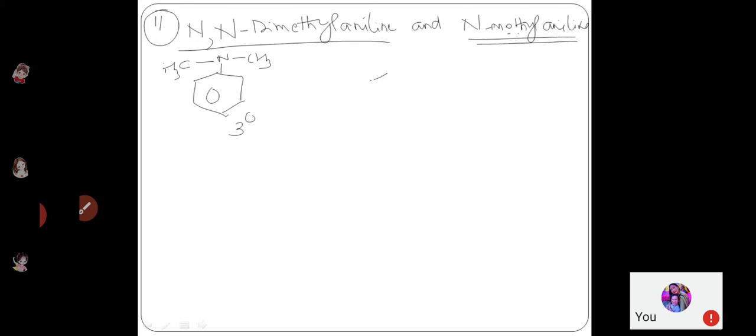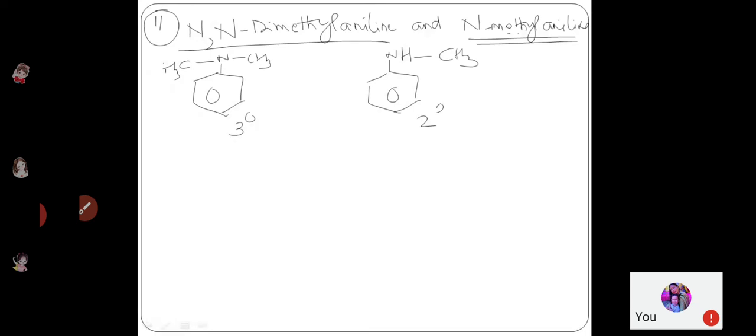Again, aniline is a benzene ring with NH2 group. One hydrogen will get replaced by methyl. So in that case, the nitrogen has only one hydrogen. This is 2 degree. Now again, you need to do the Hinsberg reagent test.